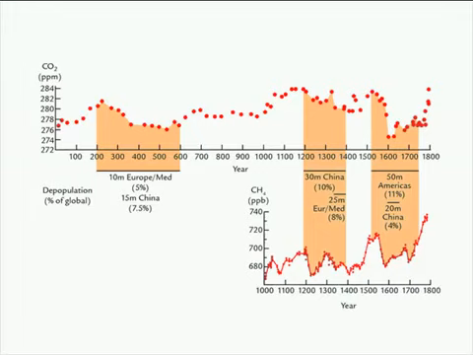Another decrease in China, and after 1200, that's Genghis Khan and his successors. The Black Death in Europe, there 1350, and then the biggest disaster of all, the 50 million people who died in the Americas because of contact with European diseases to which they did not have immunity, along with some loss of life in China. So there's a pretty remarkable correlation between losses of people and dips in the greenhouse gases.